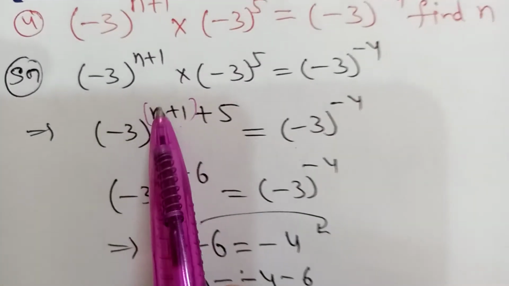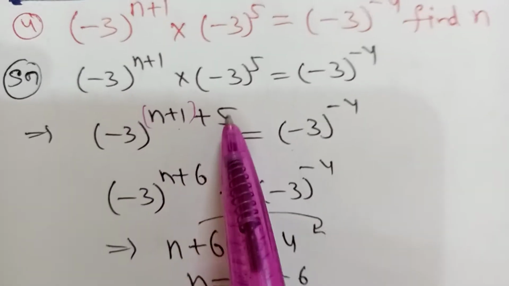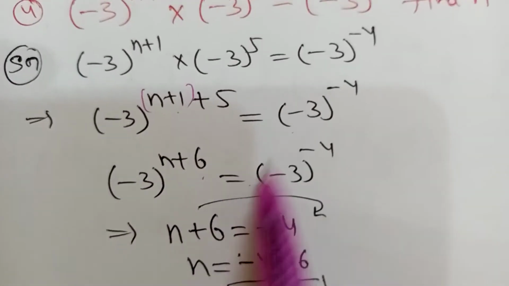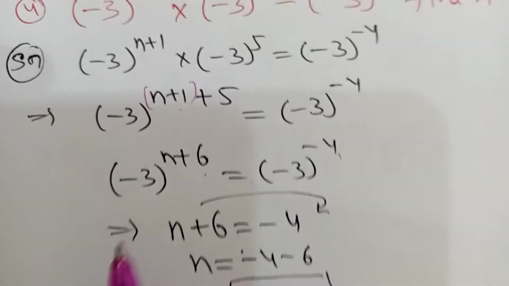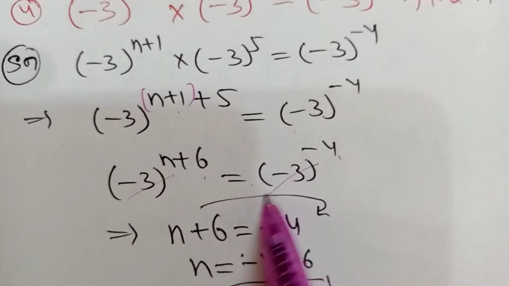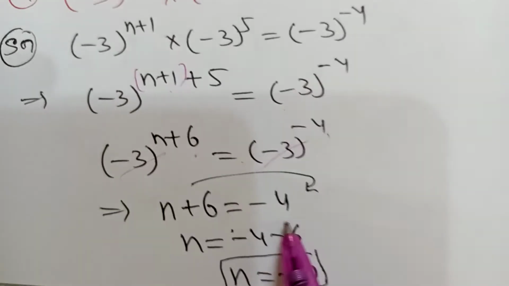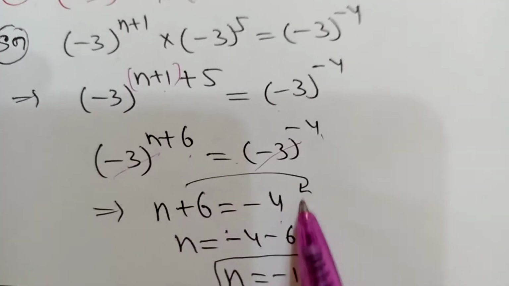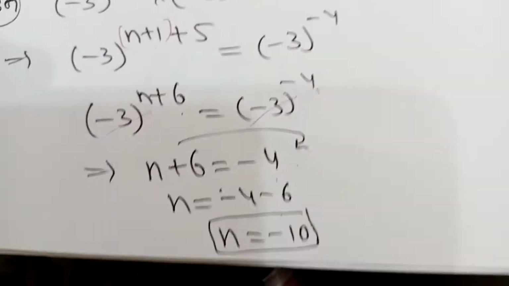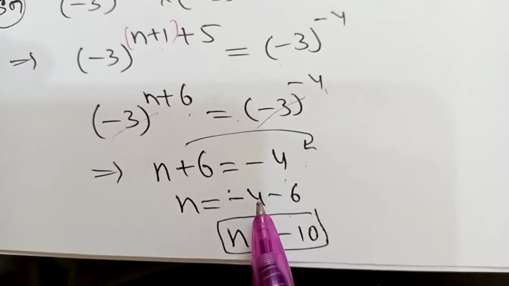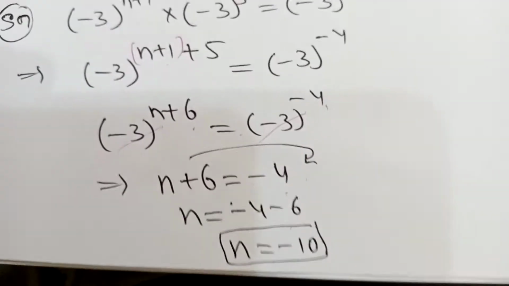Minus 3, n as it is, 1 plus 5, 6 is equal to minus 3 power of 4. Implies minus 3 cancel. n plus 6 is equal to minus 4. Send plus 6 there, it becomes minus 6. n is equal to minus 4, minus 6, minus 10.